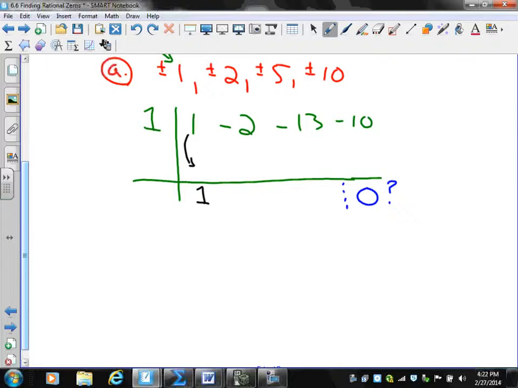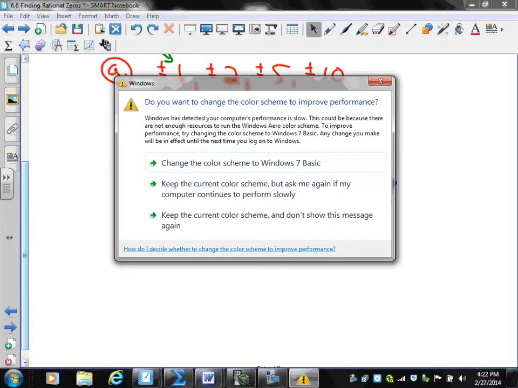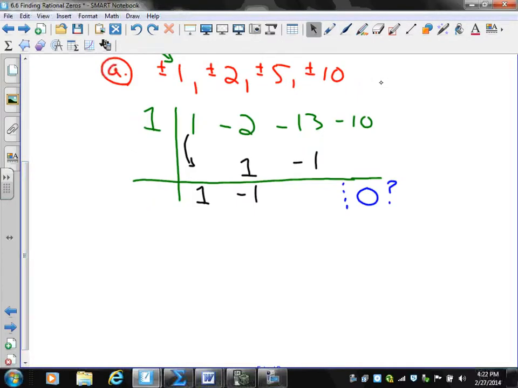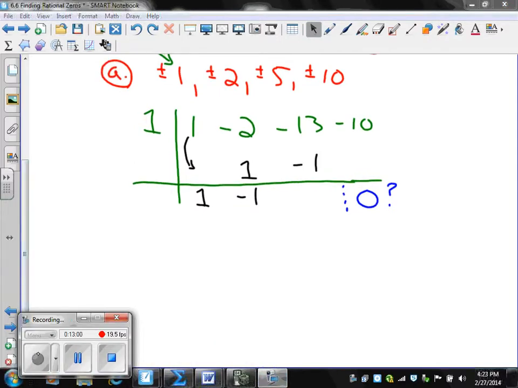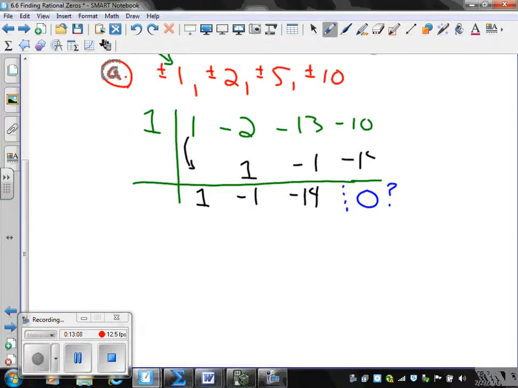So anyways, I'm going to get a 1 here, add down, negative 1, multiply, negative 1, add down. Let's see, add down, negative 14, multiply, negative 14, and do I get 0 there? No, not even close.